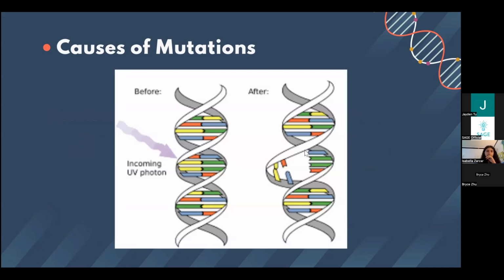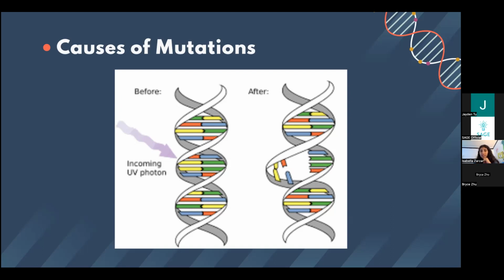So let's see. This is the structure of DNA. Remember, it's in a double helix. There's an incoming UV photon. That's what the arrow represents. If you don't know what that means, it's basically like a ray from the sun. The sun gives off UV rays. So we have this incoming UV photon and it's headed for the DNA. Let's see what happens afterwards.